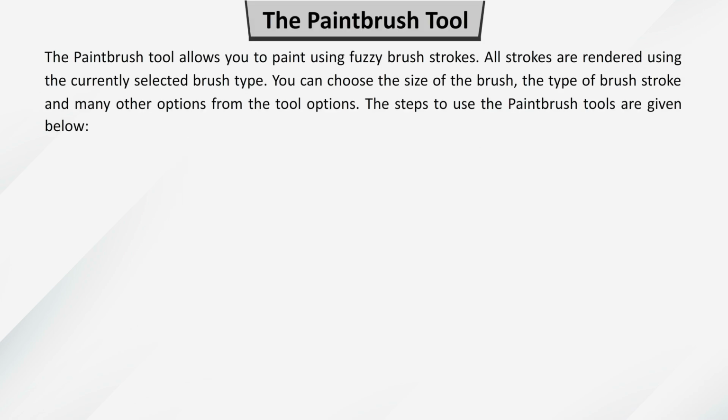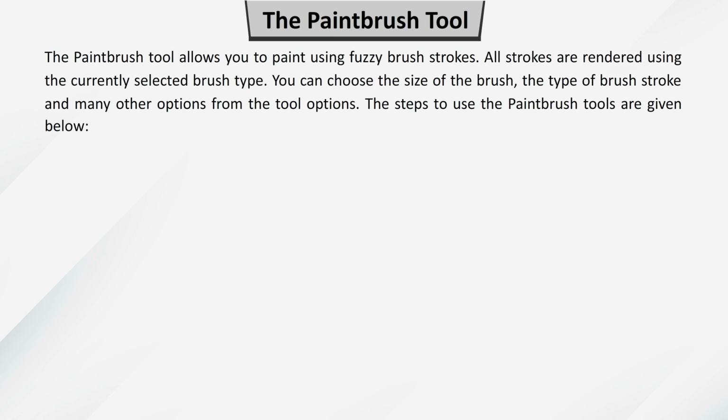The Paintbrush tool. The Paintbrush tool allows you to paint using fuzzy brush strokes. All strokes are rendered using the currently selected brush type. You can choose the size of the brush, the type of brush stroke, and many other options from the tool options.